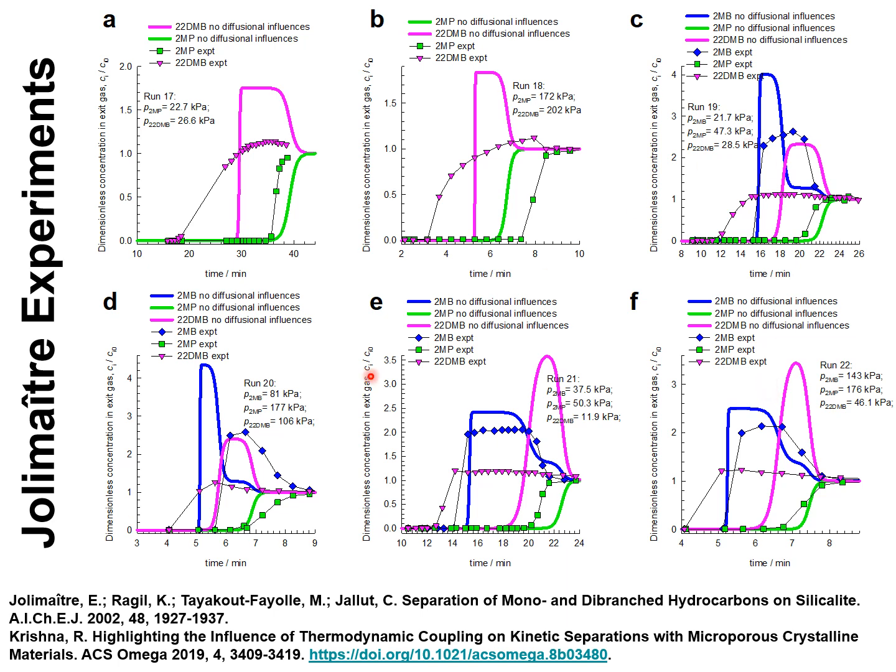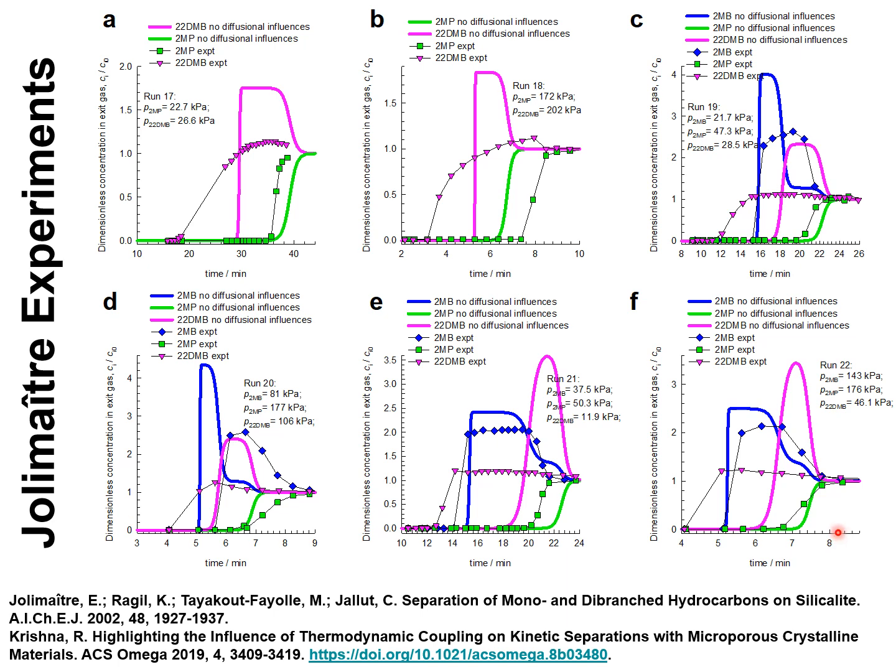In all four experiments, the component to elute first is 2,2-dimethylbutane, that has the lowest mobility within the intersecting channels of MFI zeolite. The component to elute last in all four experiments is 2-methylpentane, that has the highest adsorption strength of the three components.